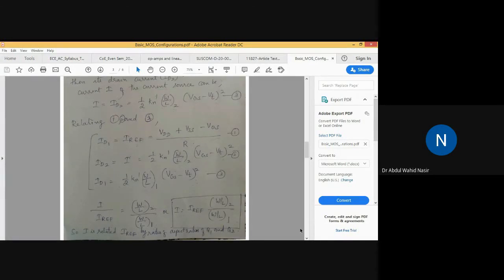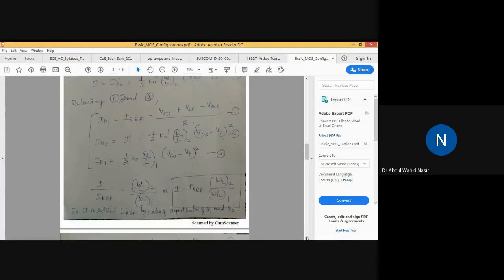Now, if we take the ratio of I by I reference, what is I? We have the value of I from equation number 2, and equation number 1 gives the I reference, which is nothing but equal to ID1.